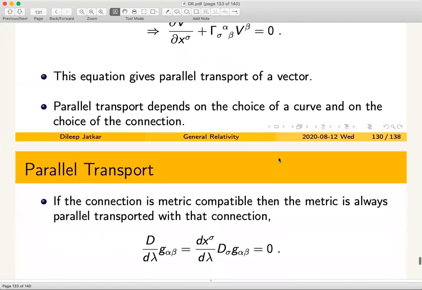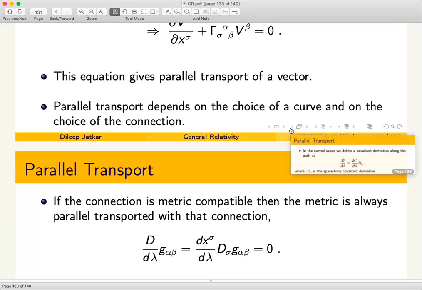The way we wrote gamma alpha beta gamma in terms of the metric and its derivative had the property that, if alpha was a contravariant index and beta and gamma were covariant indices, then it was symmetric in beta and gamma.